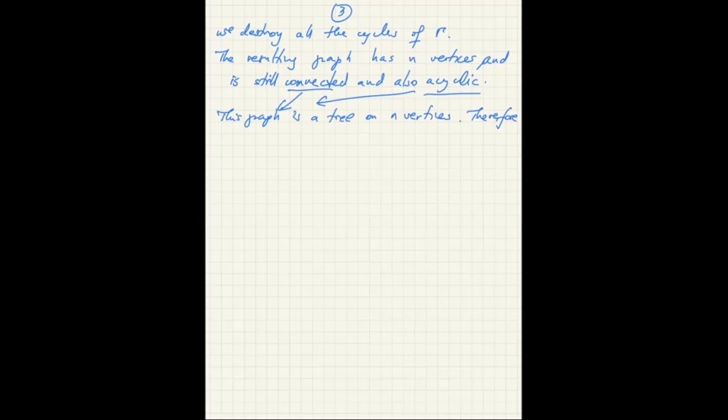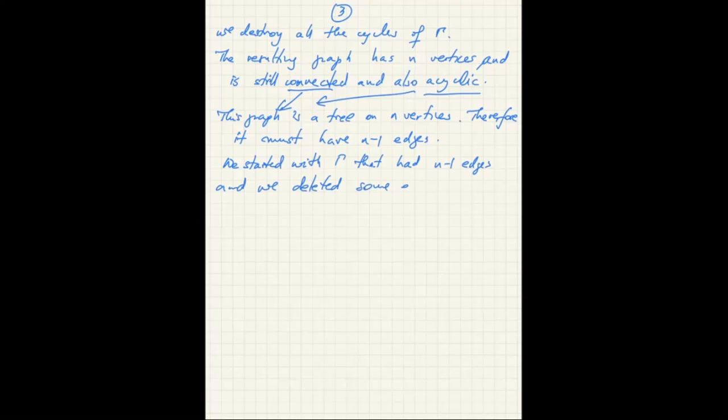Therefore, it must have n minus 1 edges. But what did we do? We started with a graph gamma that had n minus 1 edges, and we deleted some edges and ended up with a graph that is a tree and has n minus 1 edges.